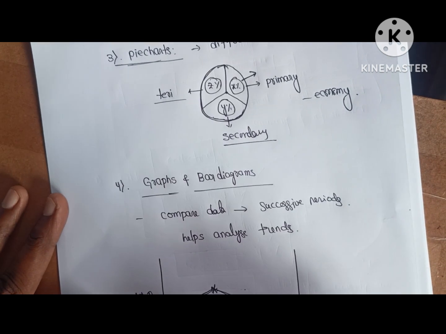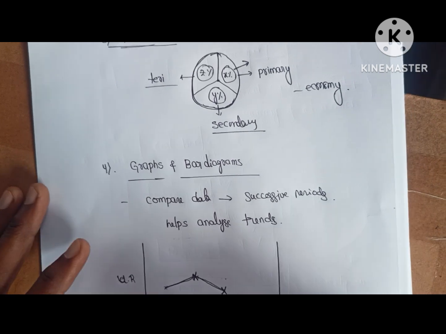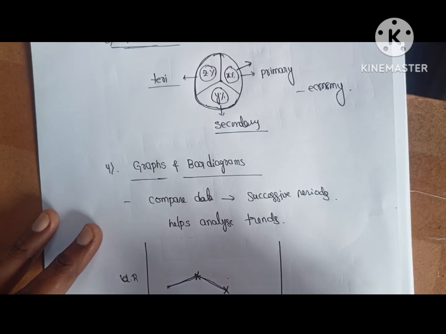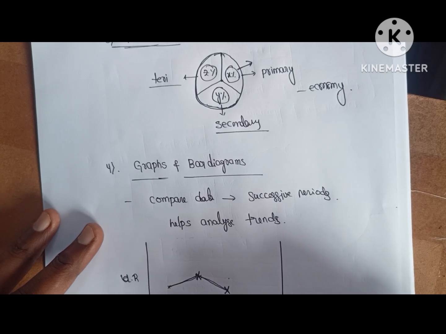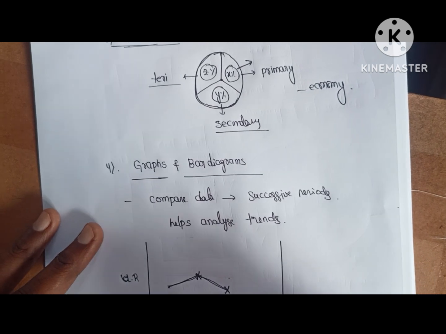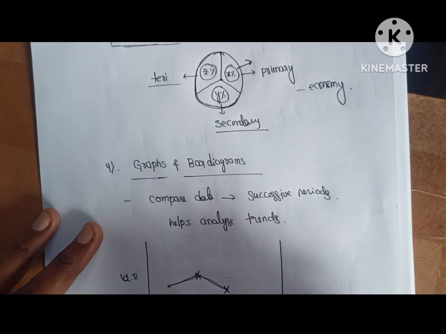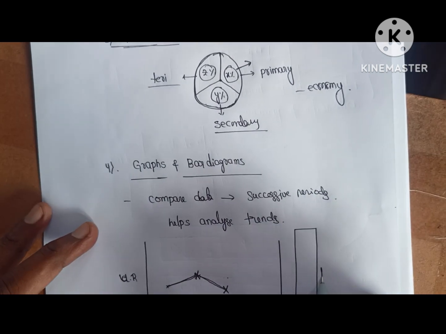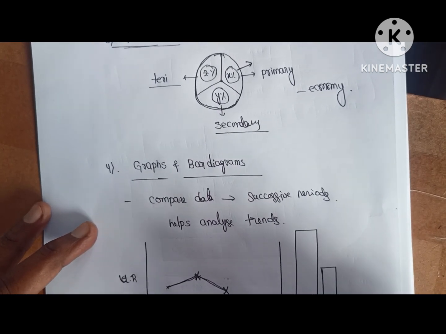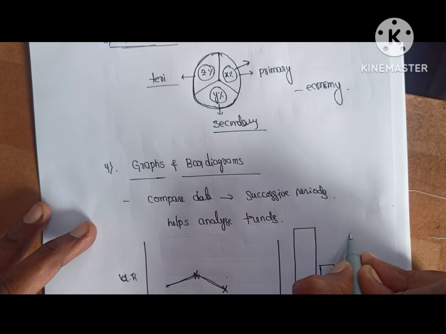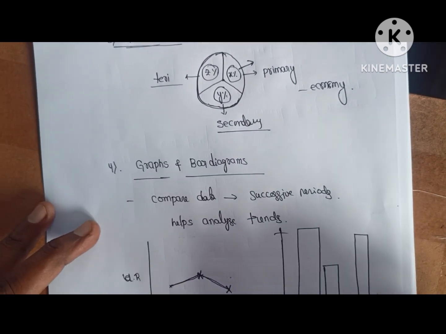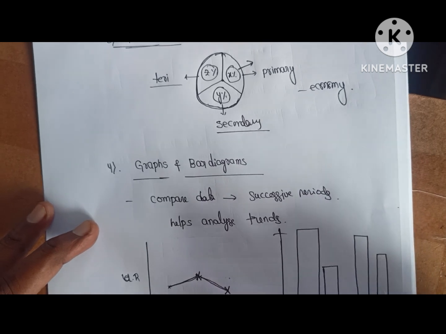And at the same time you can also use bar diagrams. For example, it is asked to compare the fiscal deficit and revenue deficit for the years 2024 and 25. You can simply draw this much of fiscal deficit, and this is the revenue deficit, and the fiscal deficit is this much, and the revenue deficit is this much.